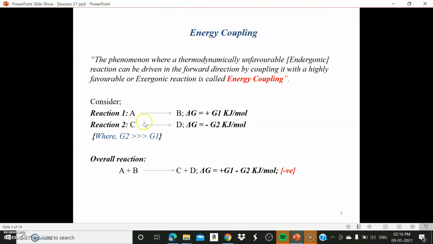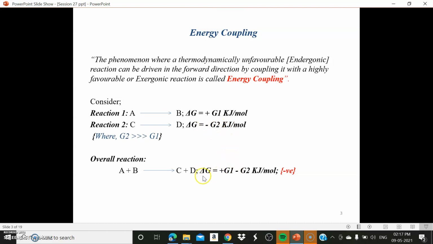Consider a reaction A giving rise to B where delta G is a positive value. In reaction 2, C giving rise to D where delta G is negative. Now, when you combine these two reactions, you have delta G, that is delta G1 plus delta G2, where G2 is having a negative value.